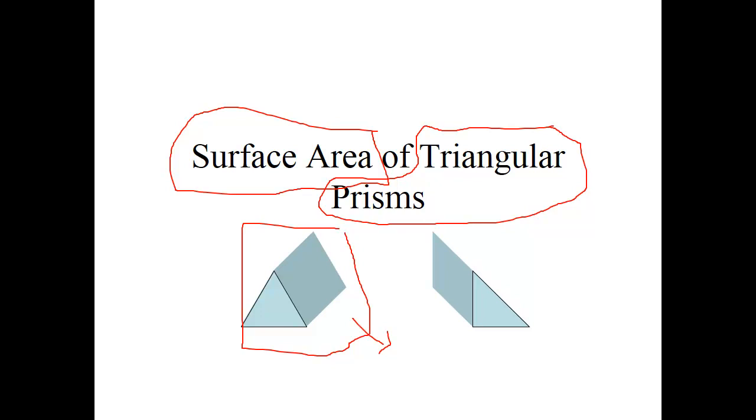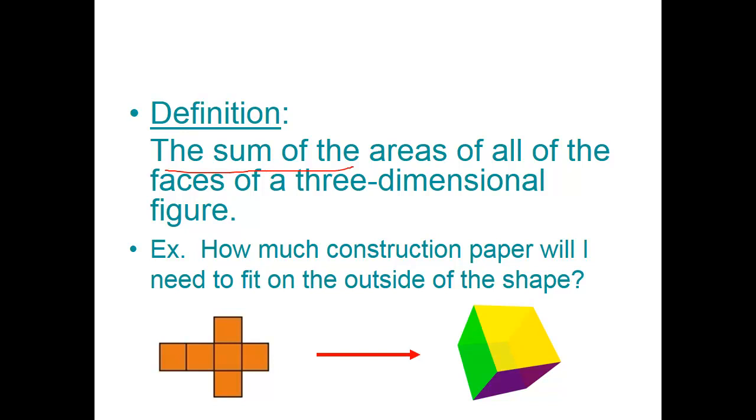The surface area is the sum of the areas of all faces. Like the rectangular prism, today with the triangular prism it is the sum of all areas of all faces.